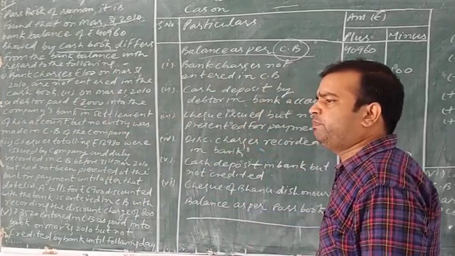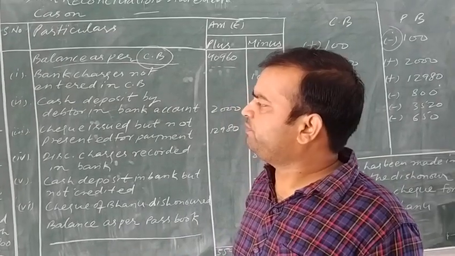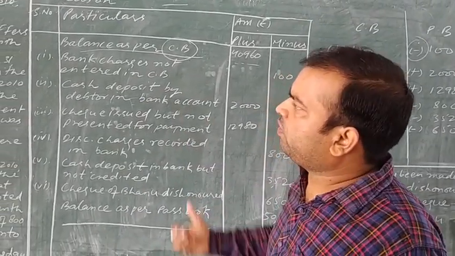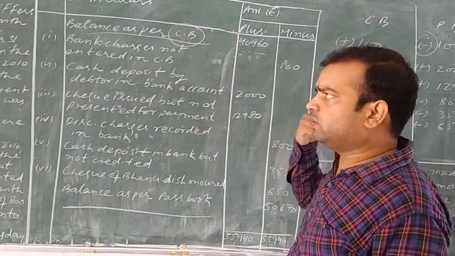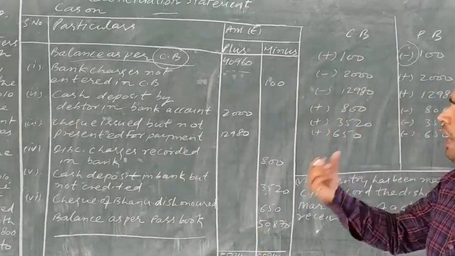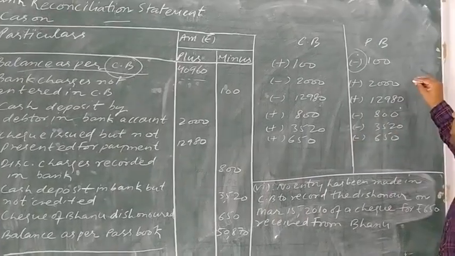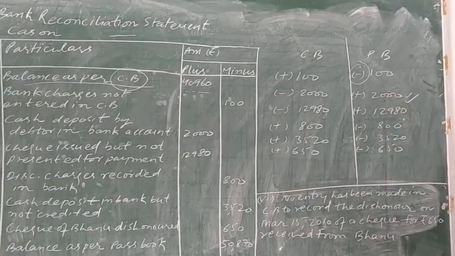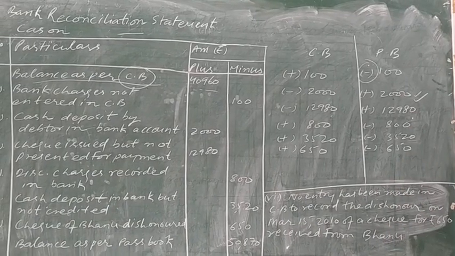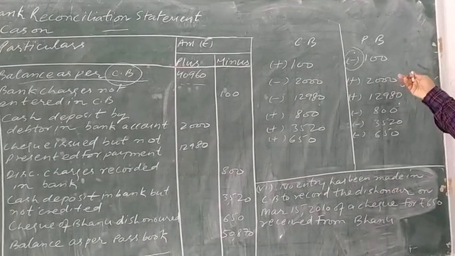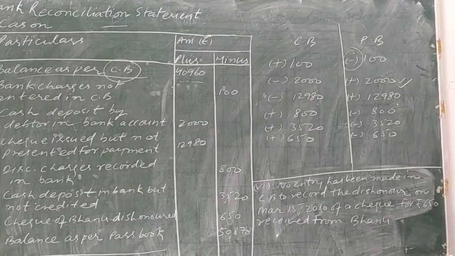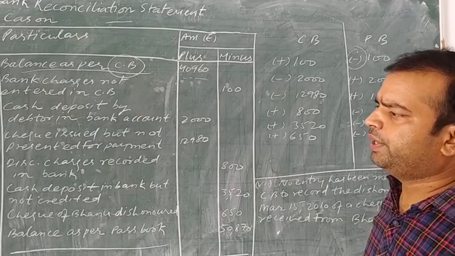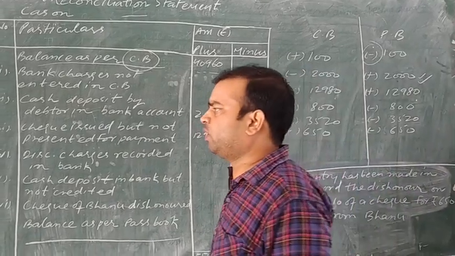So the bank of Naman received 2,000 rupees on account of Naman. The bank will add this amount in the passbook of Naman, which means there will be a credit of 2,000 rupees in the passbook, because the debtor of Naman directly deposited this amount in Naman's bank account.